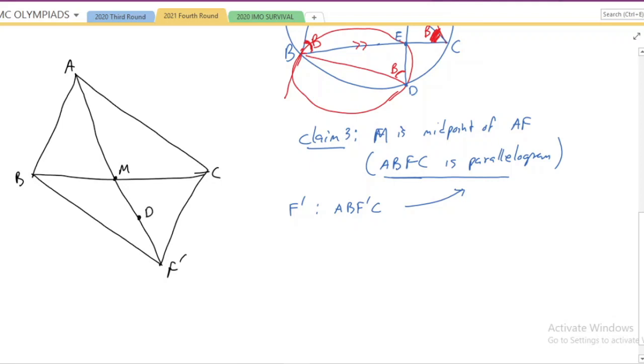But we also know that D lies on circle ABC. So if you start with this as phi, then by the mere fact that this is parallel, this will also be phi. And now the original phi as well will be equal to angle DBC. So this is phi, angle DBC, because of circle ABCD.